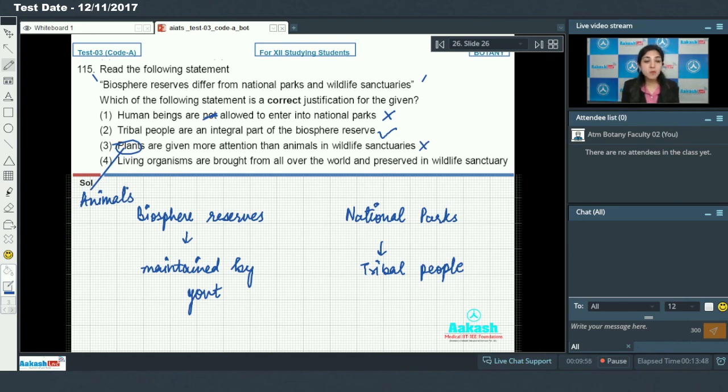Living organisms are brought from all over the world and preserved in wildlife sanctuary. No, it is a type of in situ conservation. Living organisms are not brought from all over the world. So, this is also incorrect. So, the answer to this question is option number 2. Moving on to the next question, that is question number 116.